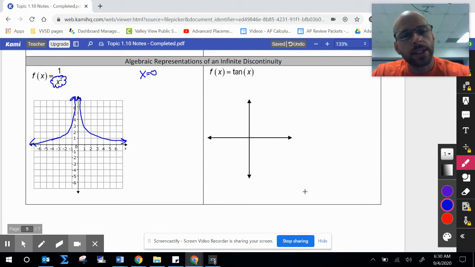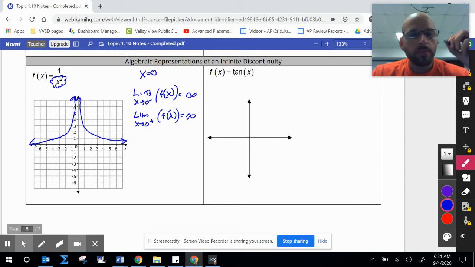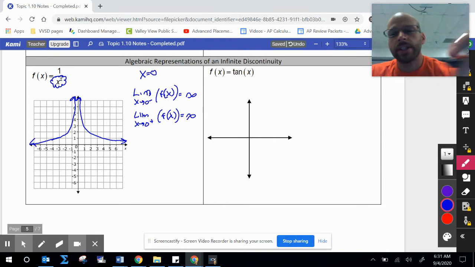But you can visually see it, the limit as x approaches 0 from the left of f of x equals infinity, and the limit as x approaches 0 from the right of f of x also equals infinity. All right, so we have an infinite discontinuity.